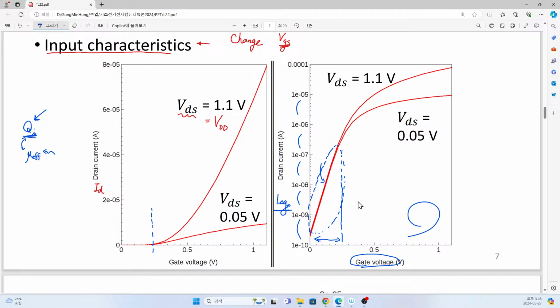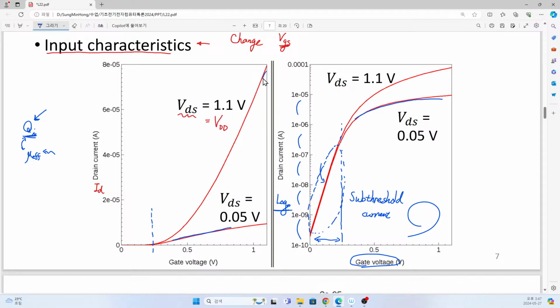So this current is called the sub-threshold current because our voltage condition is lower than the threshold voltage, so we call it a sub-threshold current. Okay, beyond that, now we have certain current conduction, and this almost linear curve is now drawn in this form.